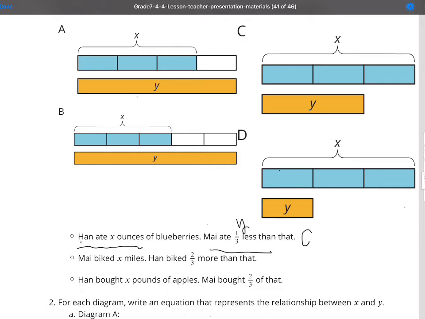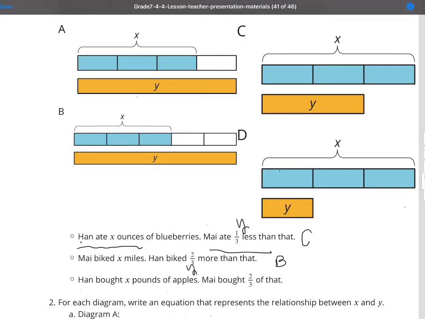For the second one, it says May biked X miles. Han biked 2/3 more than that. So if May is now X and Han is now Y, which one is showing that somebody hiked 2/3 more? If you guess B is correct, why?